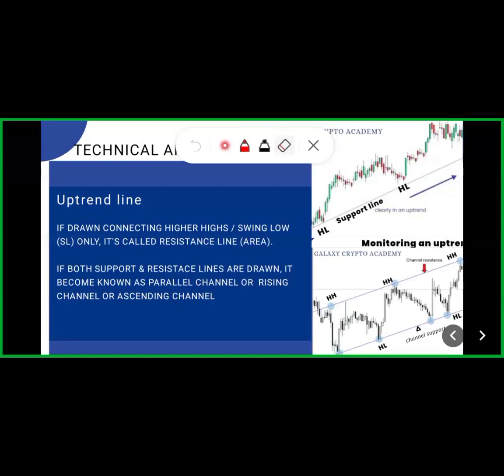The reversal will be ascertained by the price breaking below your support, retesting it, and then continuing in a downtrend. That's how you draw that as a support to just see how the price fares.